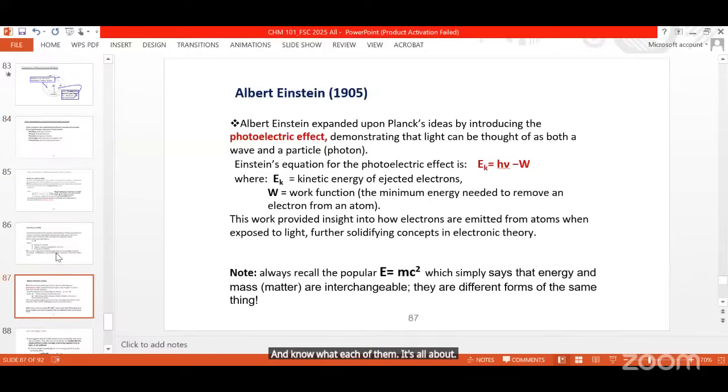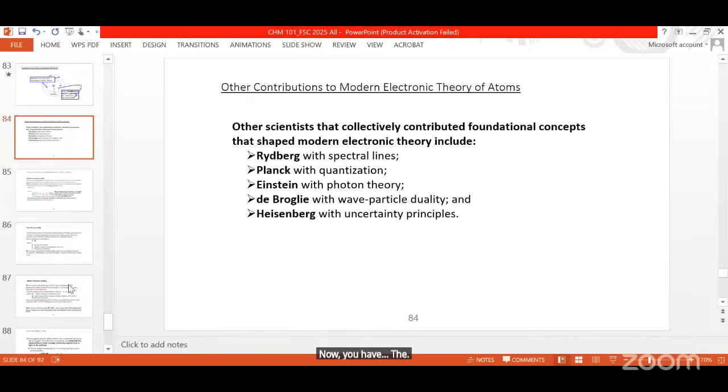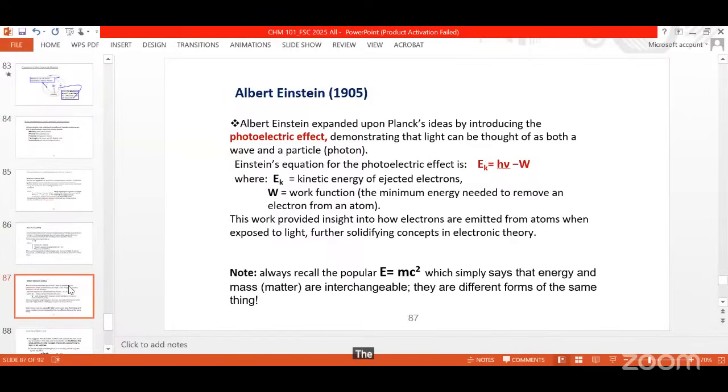Now you have the photon theory, which is also described by whom? By Albert Einstein. He also introduced the wave and the particle nature of light, because you have the spectral lines, which are light.